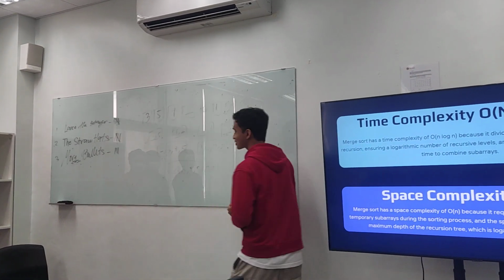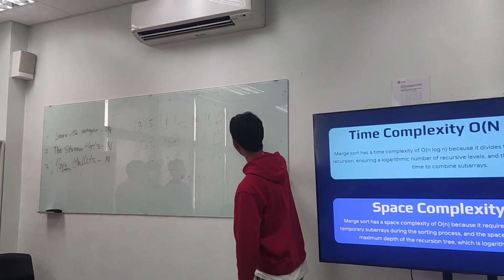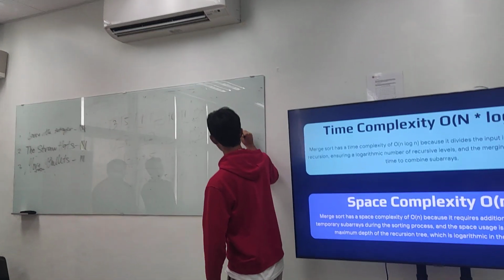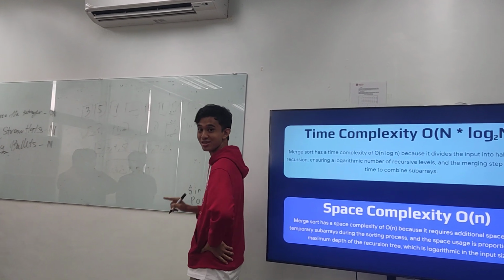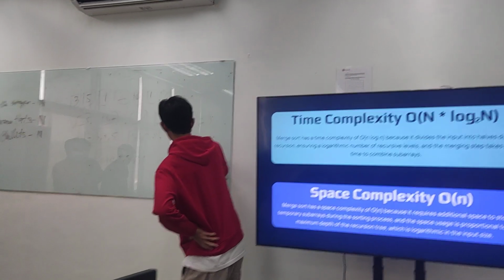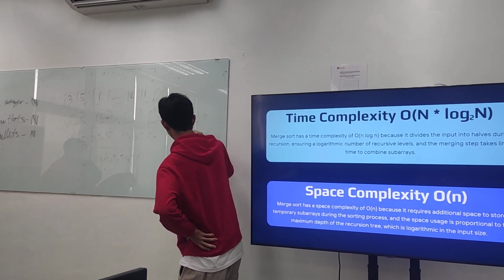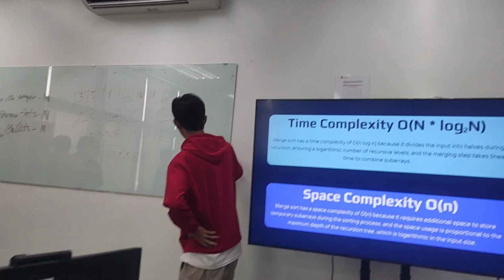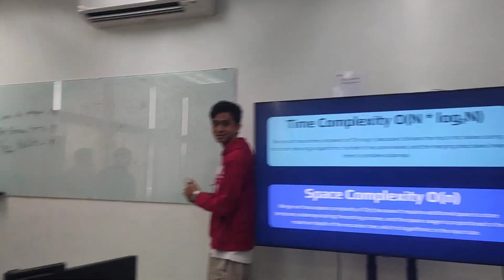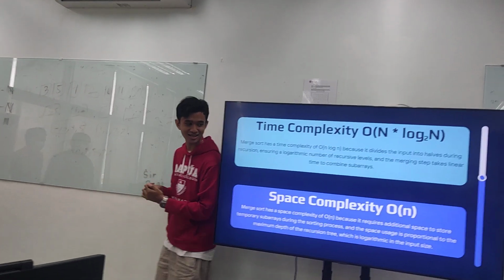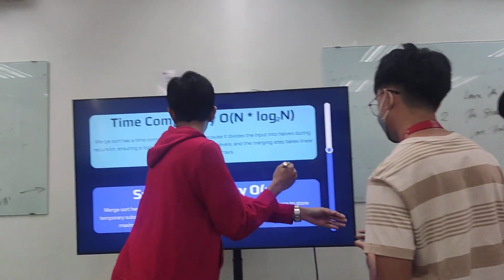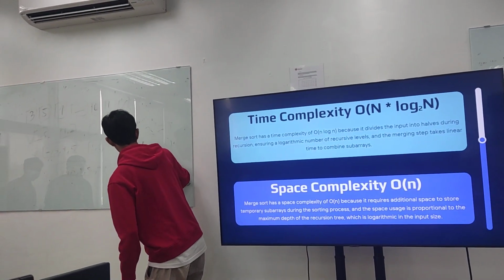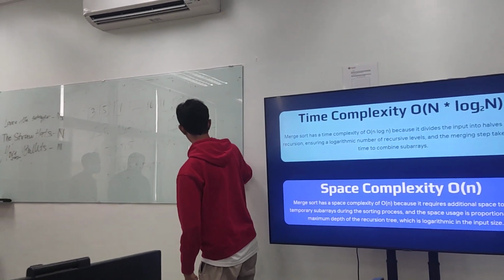Let's go back to high school math. 2 to the power of 3 is equal to 8. So, we get the logarithm. Log 2 of 8.